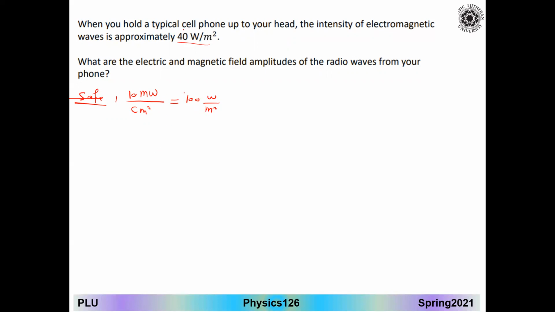Now, regarding what we have here, we have intensity, and we can use the same concept that we did last time.